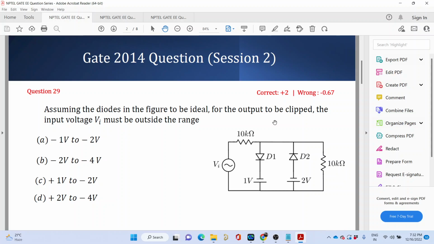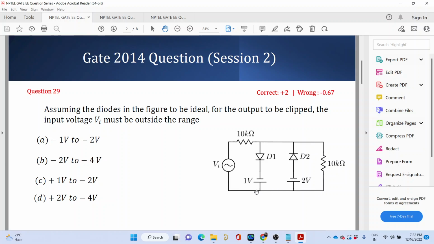Okay, so you are looking at the potential at this point, right? One thing that you have overlooked, whether D1 or D2 conduct or not, current is always going to flow through this path. Do you see the path that I am showing by my cursor?